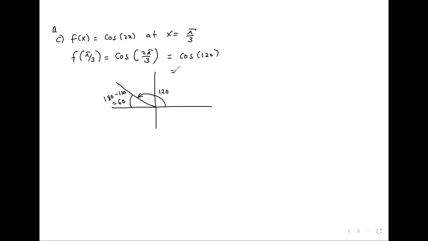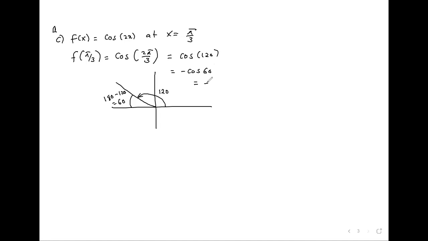So this should be the same as negative cos 60 because cos is negative in the second quadrant. Remember that thing of all students take off. So in the second quadrant, you find cos is negative. That's why I'm saying negative cos 60, because 60 is coming from the first quadrant where cos is positive. So now we have negative.